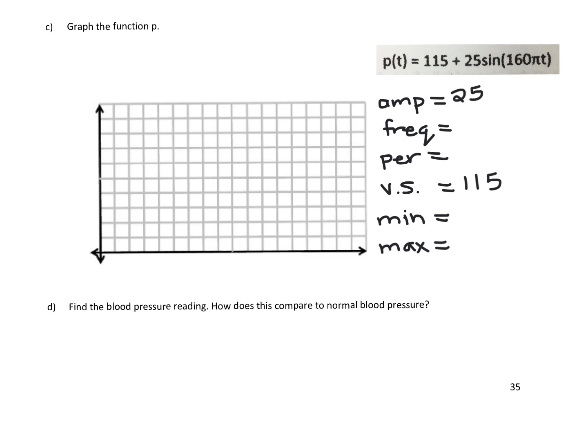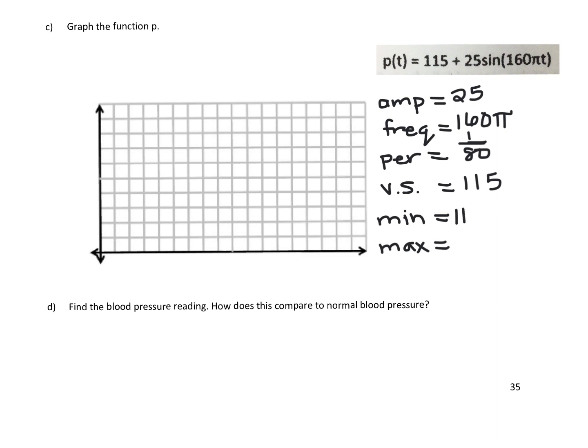The frequency, we already talked about frequency and period above. The frequency is what's in front of the t, so the 160 pi. And we already found the period above to be 1/80th. So I'm just going to write that down. We don't have to show the work. We already did that. And we know that our min is equal to your vertical shift minus your amp.